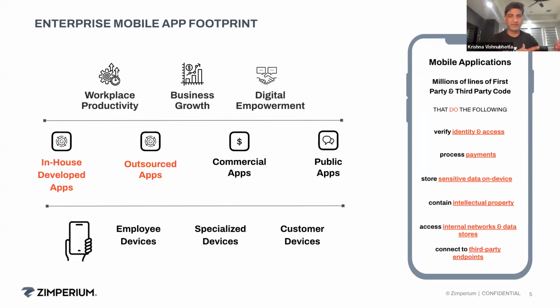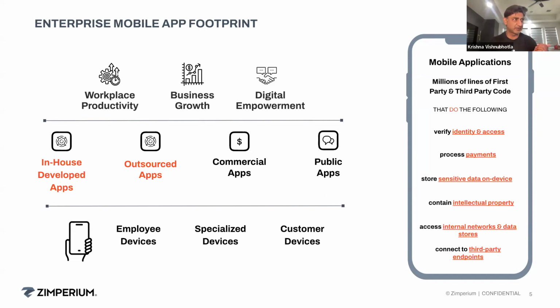They have development teams, Android, iOS, teams dedicated to building these apps. Outsourced apps, there are some sectors where the enterprise has outsourced app development to a third party, but they are entitled to the code of the app. So when they publish the app to the store, it still has their name and brand in it.